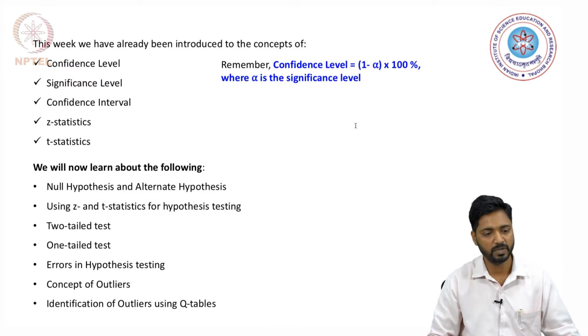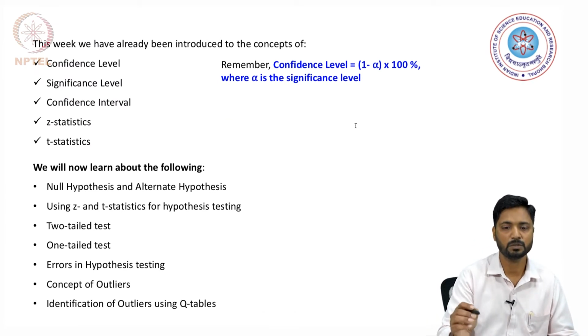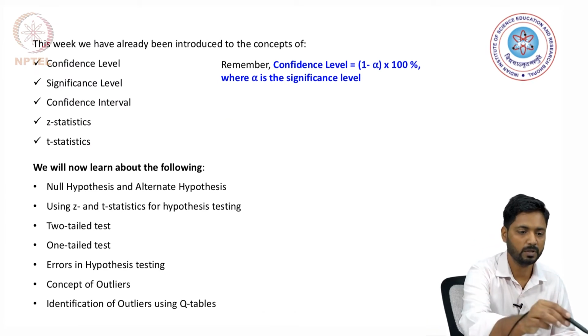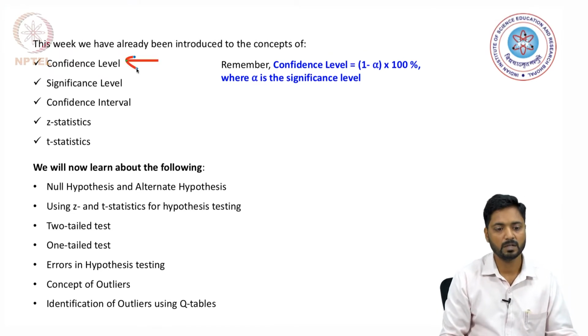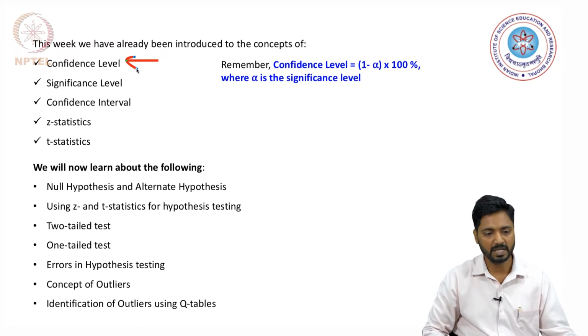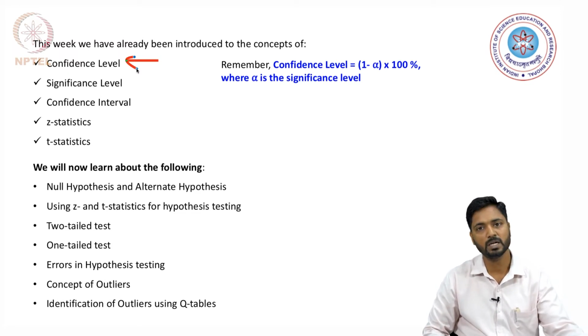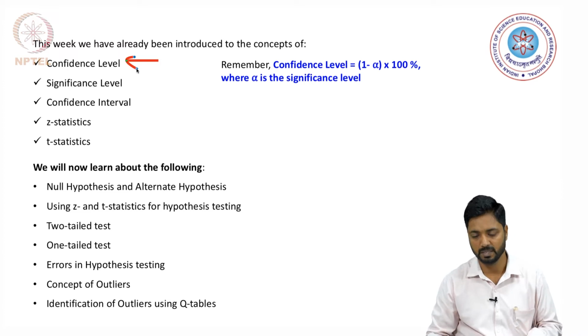So far in this week we have already been introduced to the concepts of confidence level and significance level. We understand that the confidence level is essentially a probability of finding the population mean around the sample mean.